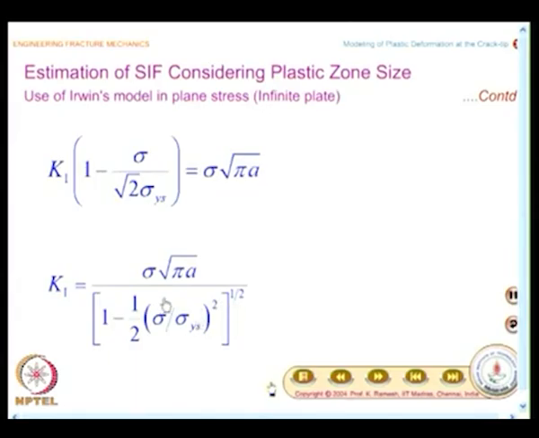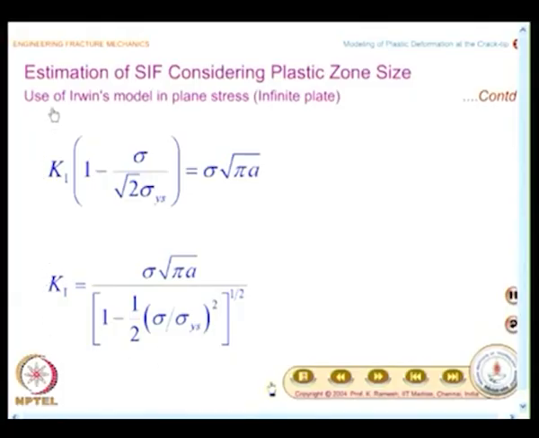See, you note that the ratio sigma by sigma ys appears in all these calculations. So, we can also comment that when the stress levels are far below the sigma ys, the correction is almost negligible. We can also estimate, when sigma is closer to sigma ys, to what extent the values of K1 can change; we would see that also.